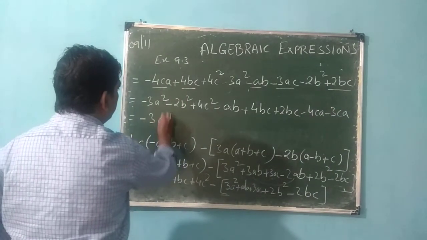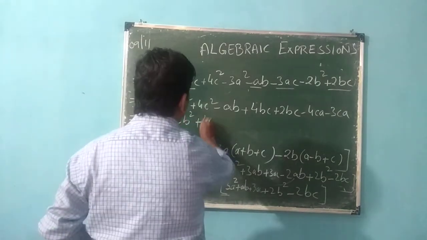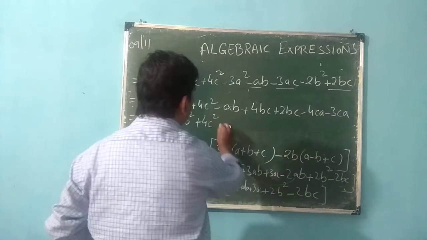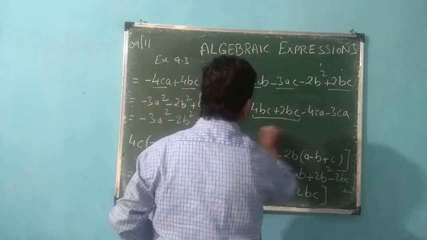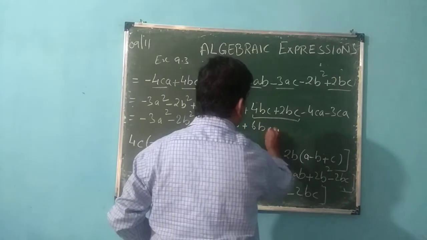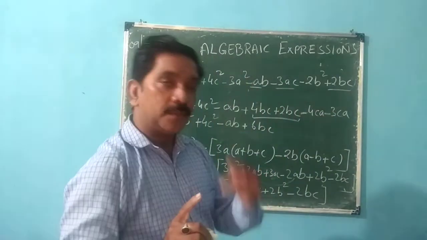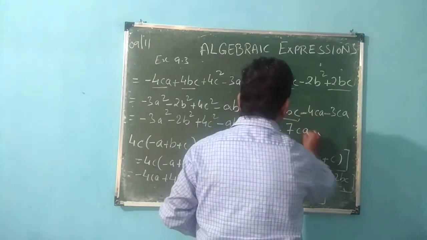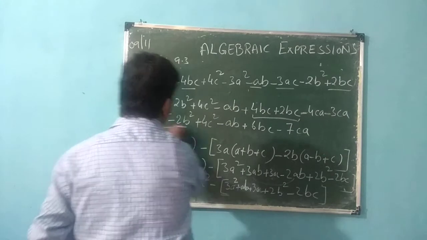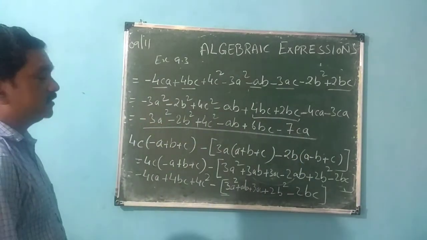Minus thrice a square minus twice b square plus 4c square minus ab. These two will add, it will become 6bc. Both are minus. When both are minus, we add, but the answer is in minus. So minus 7ca. So this is the answer. Correct?